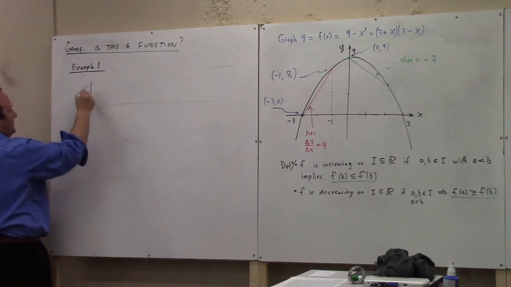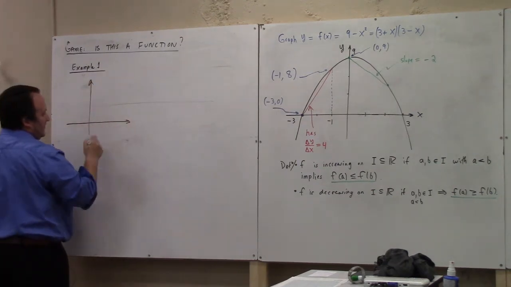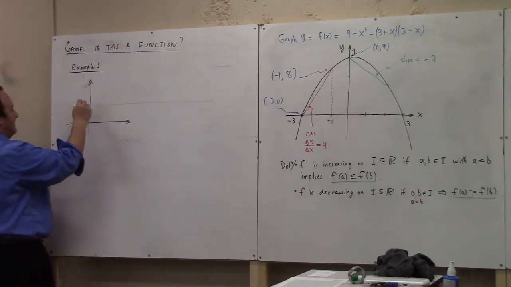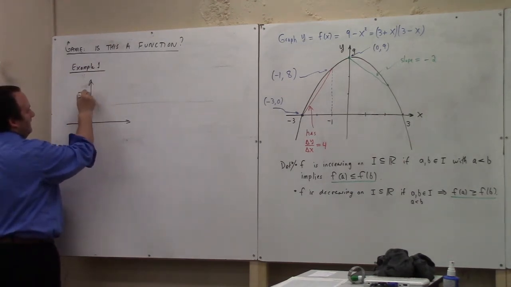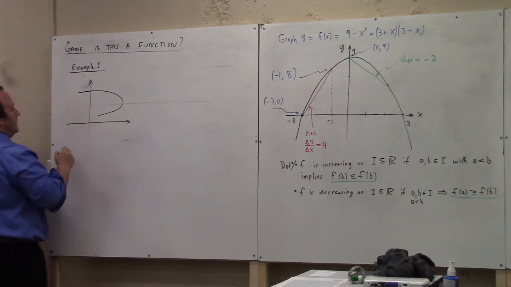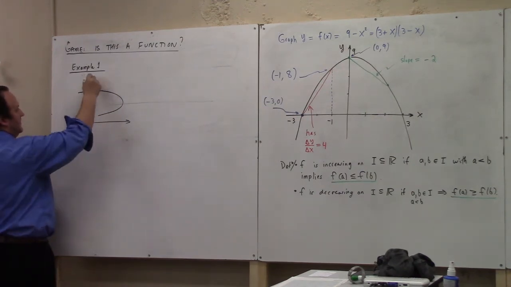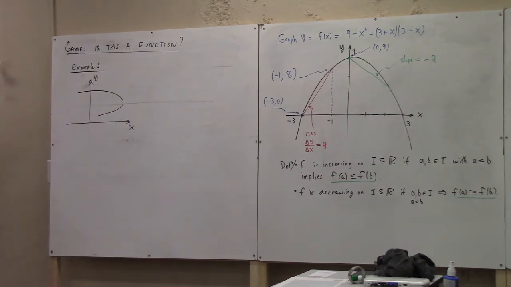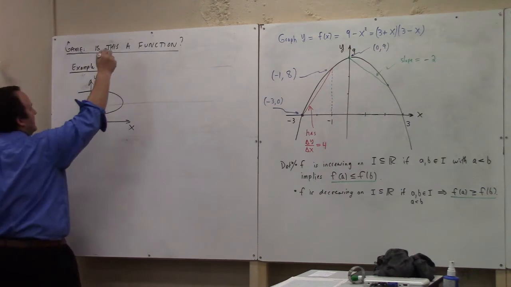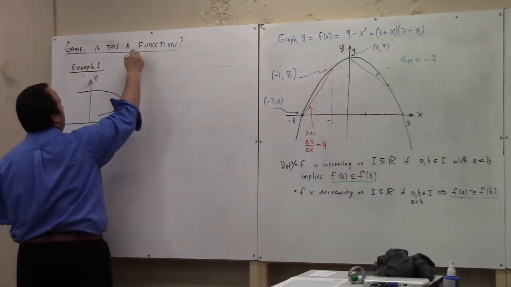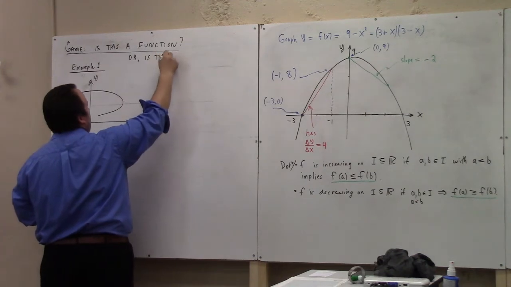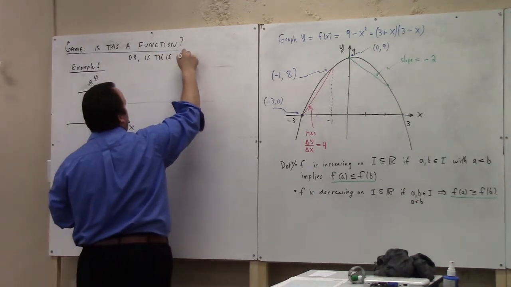Suppose you're given the graph of some equation, and it looks like this. So here's y, here's x, like that. Is this a function, or more specifically, is this the graph of a function? And why not?